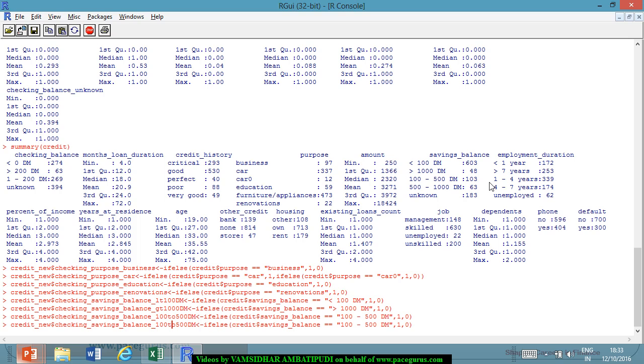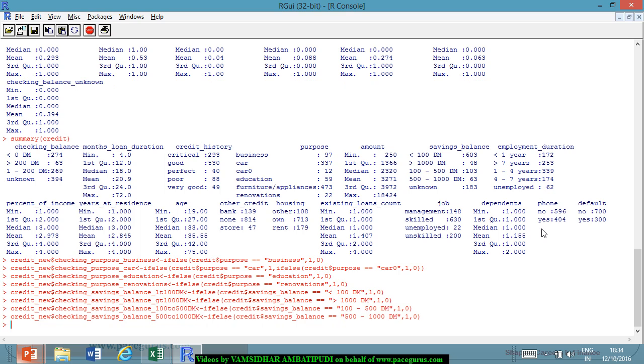Then I will also set it as 500 to 1000 DM, where again I am setting the statuses here as 500 to 1000 DM. So this is one more new variable that got created.